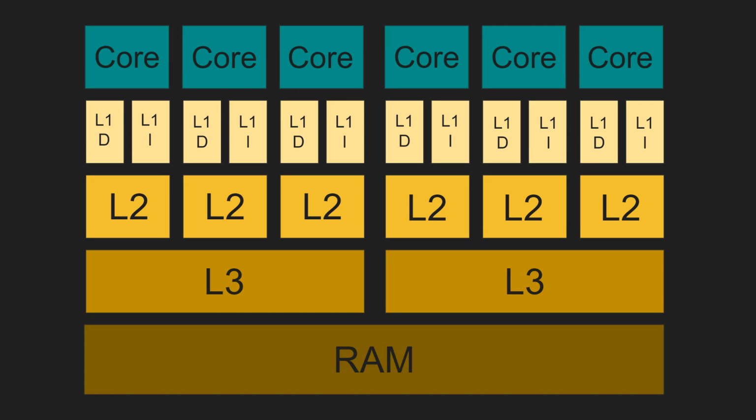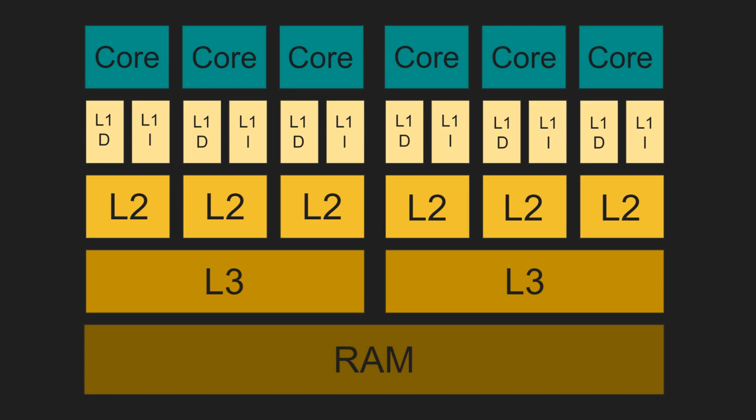Basically, the instructions for actually running your program are stored in a separate cache from the data that the program is manipulating. Below that is an L2 cache, which is larger, but still tends to be connected to just a single core.